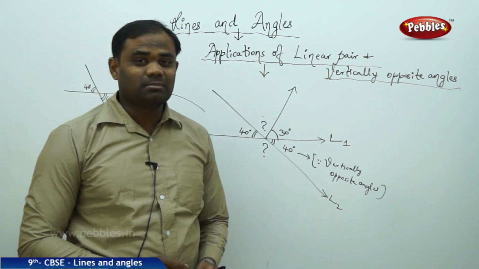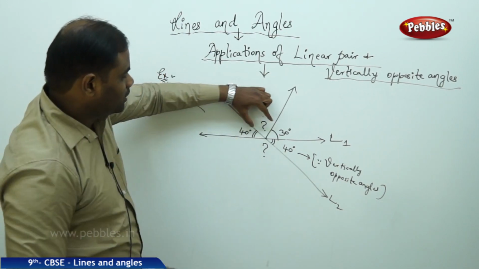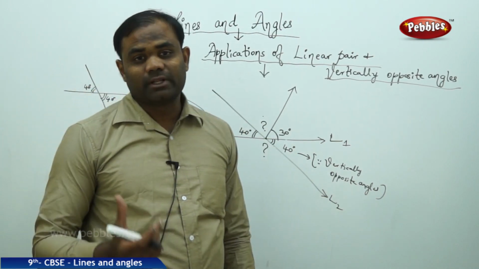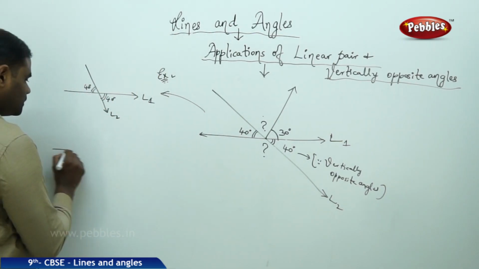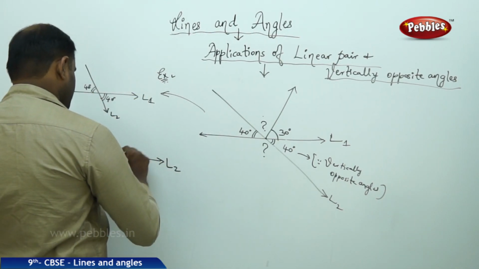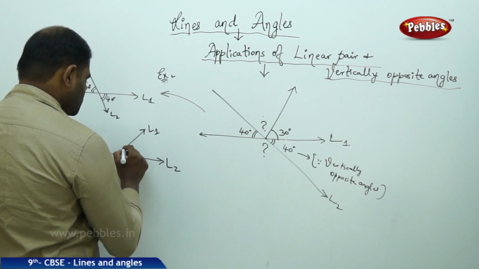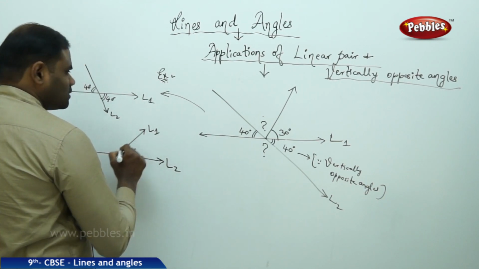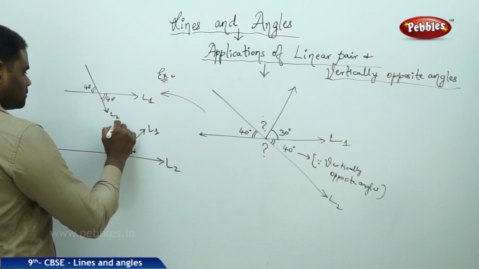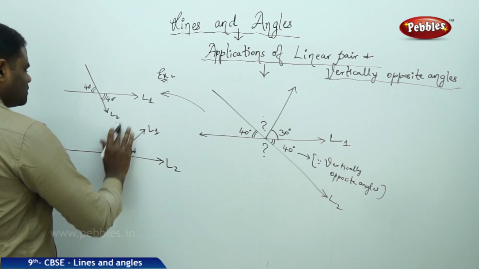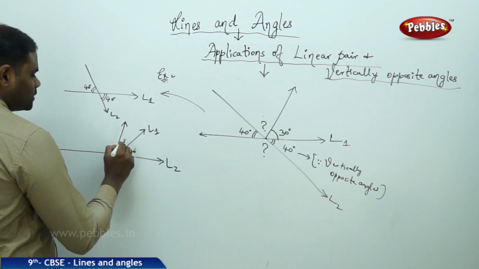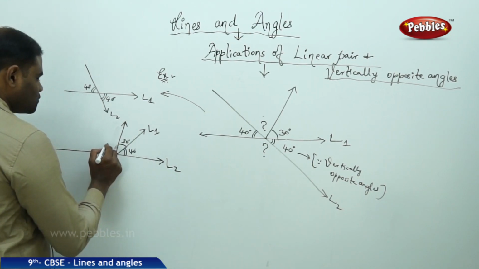If I take the line L2, which is a straight line, this is the angle made by L1, which is 40 degrees, and this is the angle made by the ray, which is 30 degrees, and the remaining angle is what we need to find.